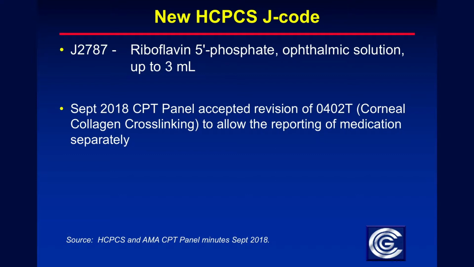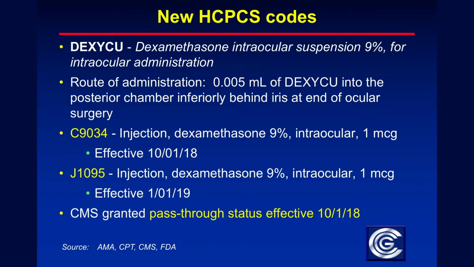Third-party payers generally make their own payment policies and might not recognize this new J-code. Check with the payer prior to doing the procedure. Following ophthalmic surgery, an anti-inflammatory agent is almost always used. For decades, surgeons have used injections at the end of the procedure.